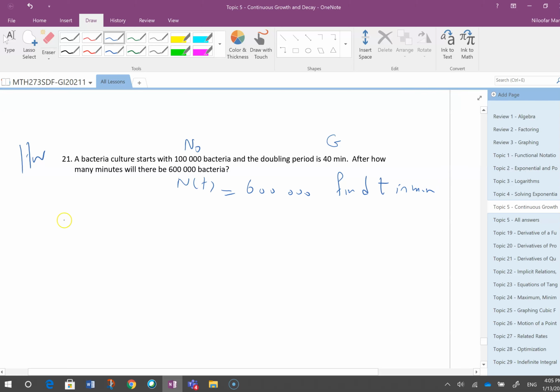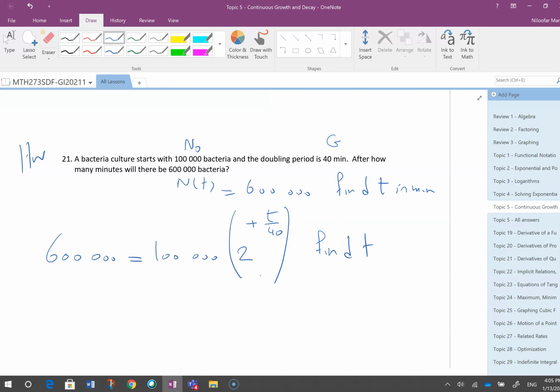So what do you use here? 60,000 equals 100,000 doubling. Okay, 2 power plus T over 40. Find T. Why plus? Because it's doubling, so it goes up, growth. Why 2 power? Because I'm talking about doubling period, so I don't have anything to do with e power and k.